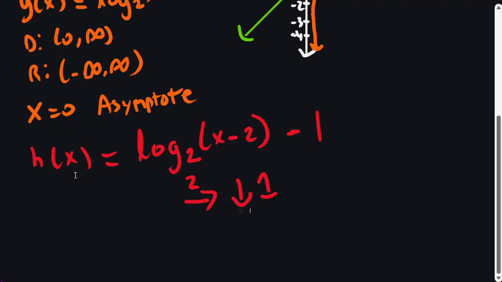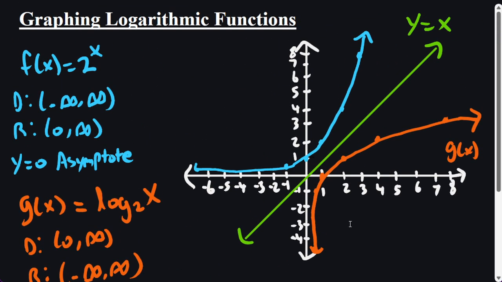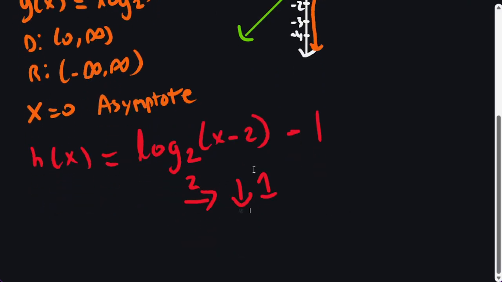So how do we graph h of x? h of x equals log base 2 of x minus 2, minus 1. All we have to do is take g of x and shift everything to the right by 2 and down by 1.